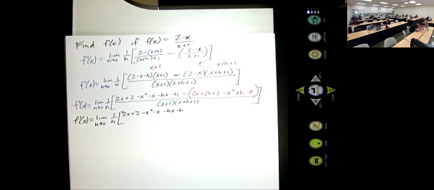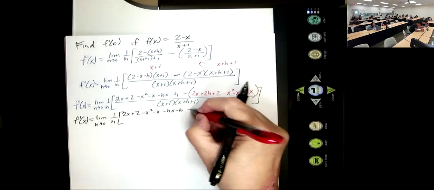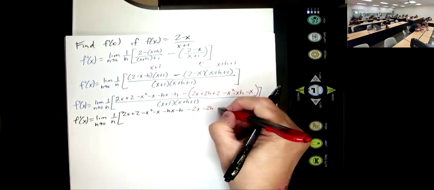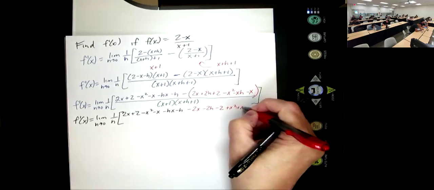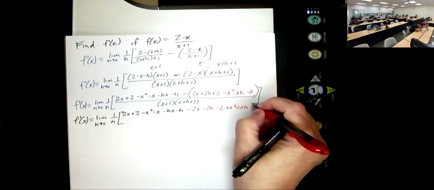And then I'll do that, just distributing the minus there, minus 2x, minus 2h, minus 2 plus x squared plus xh plus x.